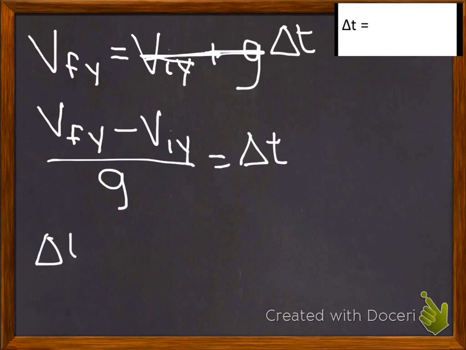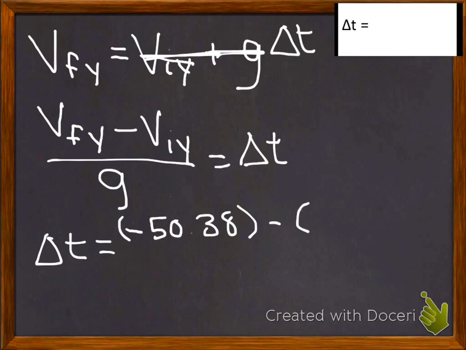So with the numbers that we have, we're looking at delta t equals negative 50.38 meters per second minus our Viy was 48.6 meters per second.